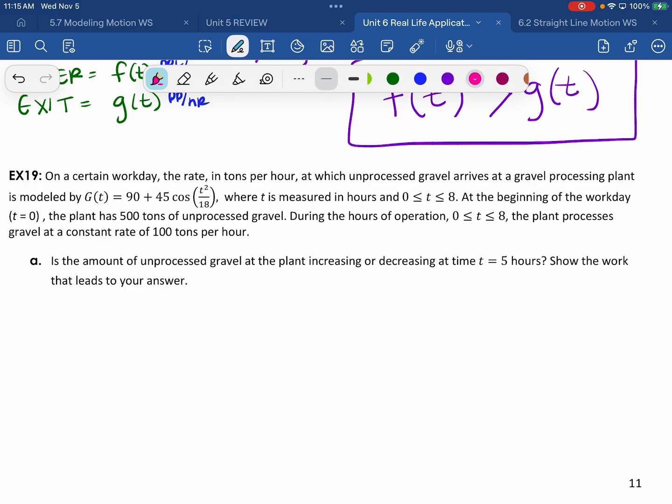So I've got, on a certain workday, unprocessed gravel arrives, and that is G of t. All right, and the units are going to be tons per hour.